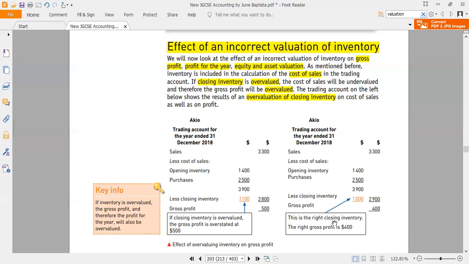This is the right closing inventory, 1000. Other things will remain the same here. This is 3000, and cost of sale, how much is it? 1400 plus 2500, 3900. When you subtract 1000, this is correct.